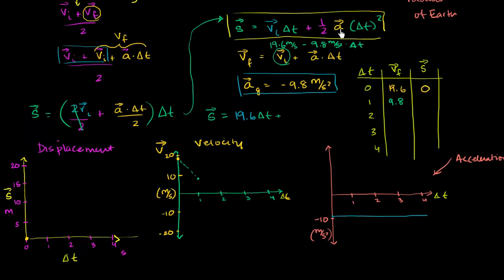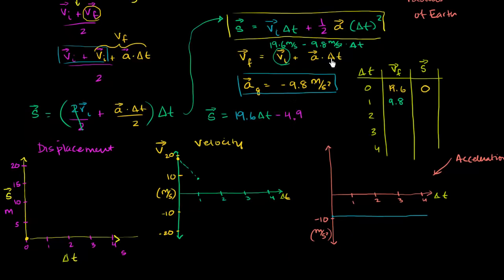So 1/2 times a, I can rewrite this right over here, because this is going to be negative 9.8 meters per second squared times 1/2. So this is going to be negative 4.9. All I did is I took 1/2 times negative 9.8 over here.